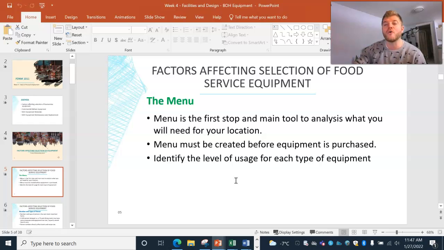Often these places already exist, but you will probably see in your lifetime, in your career, that new long-term care, new residential retirement homes, as well as new generic food and beverage operations are created from scratch. So it's a new build. So you must create the menu before you build the kitchen.